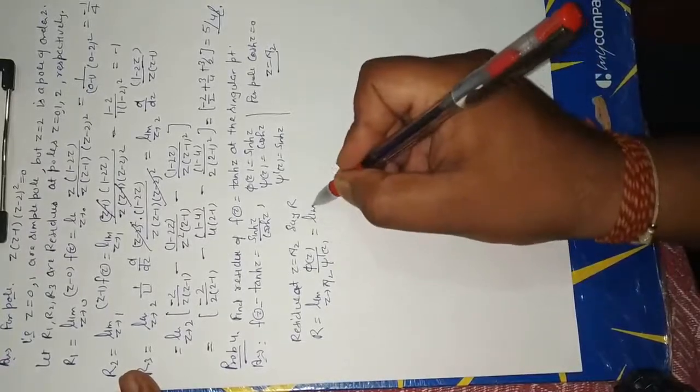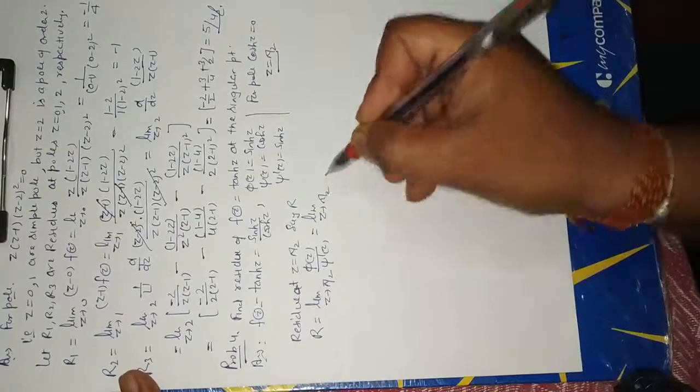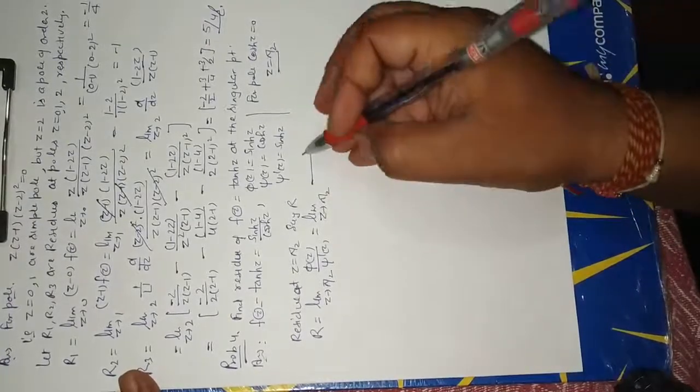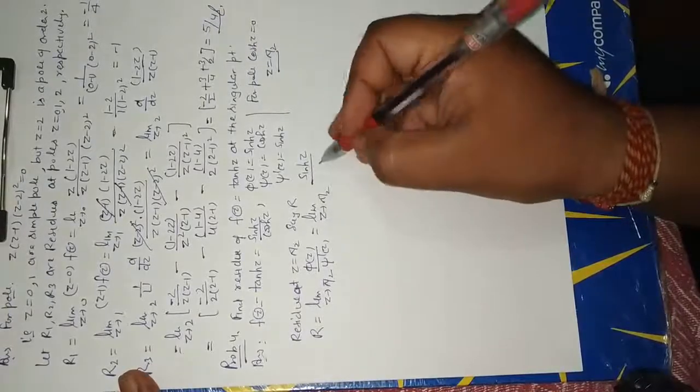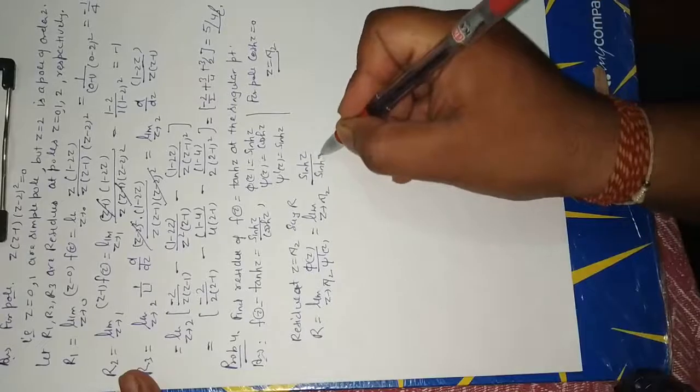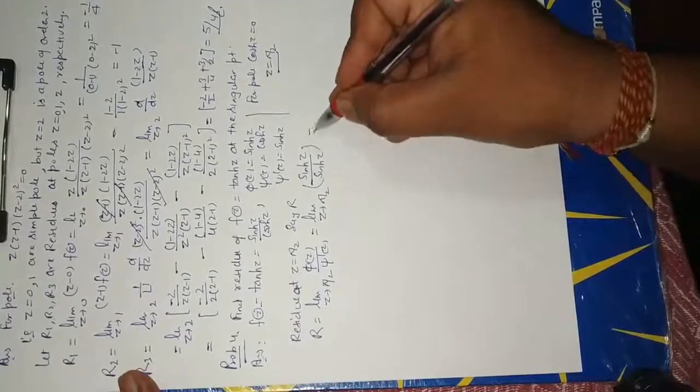This is equal to limit z tending to pi by 2, value of phi(z) sinh z, value of psi dash z sinh z. This is equal to 1.